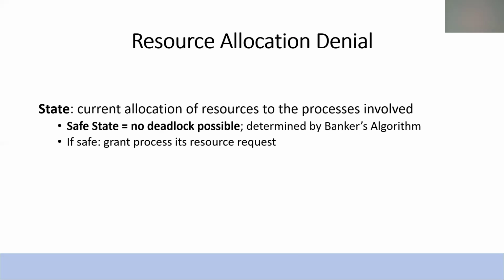In other words, if all the processes are able to run to completion after a series of resource allocations, the state is safe. Whether the state is safe or not is determined by the banker's algorithm, which we'll go through soon. And if it is, this means that a deadlock will not result, and so the current resource request by a process can be granted. If not, the resource request is denied, hence the name resource allocation denial.